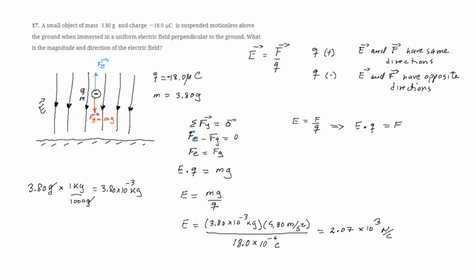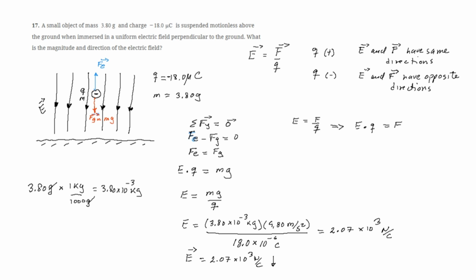So now we know that we have an electric field vector of 2.07 times 10 to the third newtons per coulomb downward, which is perpendicular to the ground, and of course pointing downward because it's the only way that the electric force can point up to counteract the effect of the force of the ground.